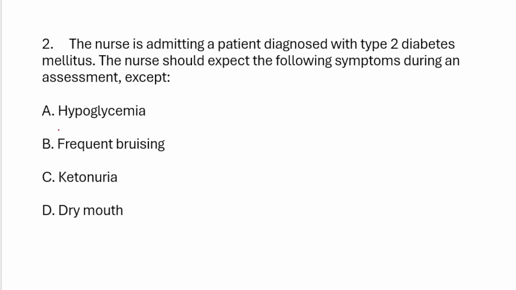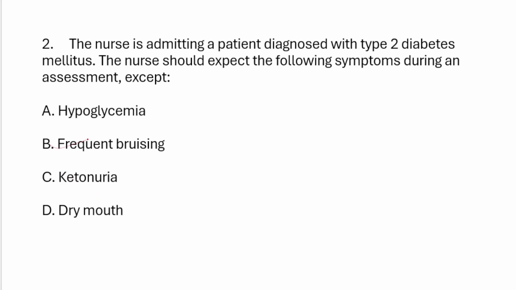Next question. The nurse is admitting a patient diagnosed with type 2 diabetes mellitus. The nurse should expect the following symptoms during an assessment except: A. Hypoglycemia, B. Frequent bruising, C. Ketonuria, D. Dry mouth.